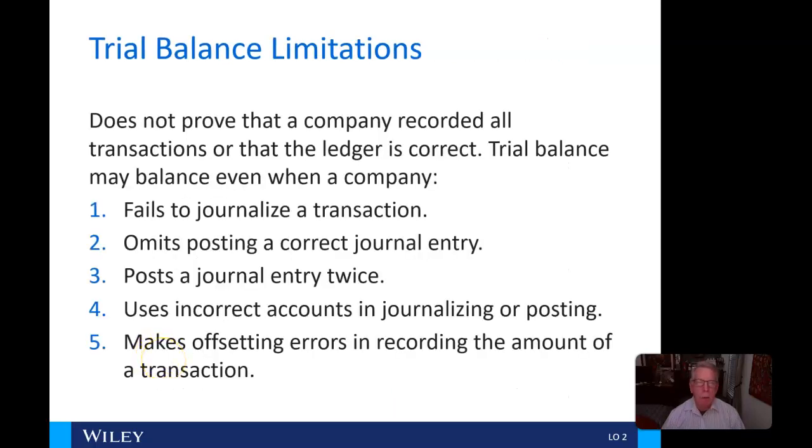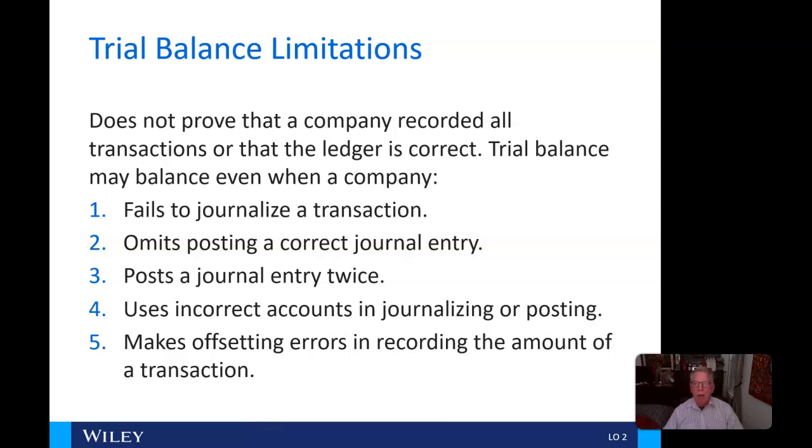So even though the trial balance might be correct in that it balances, debits equal credits, that doesn't necessarily mean that all the entries have been correctly generated and posted.